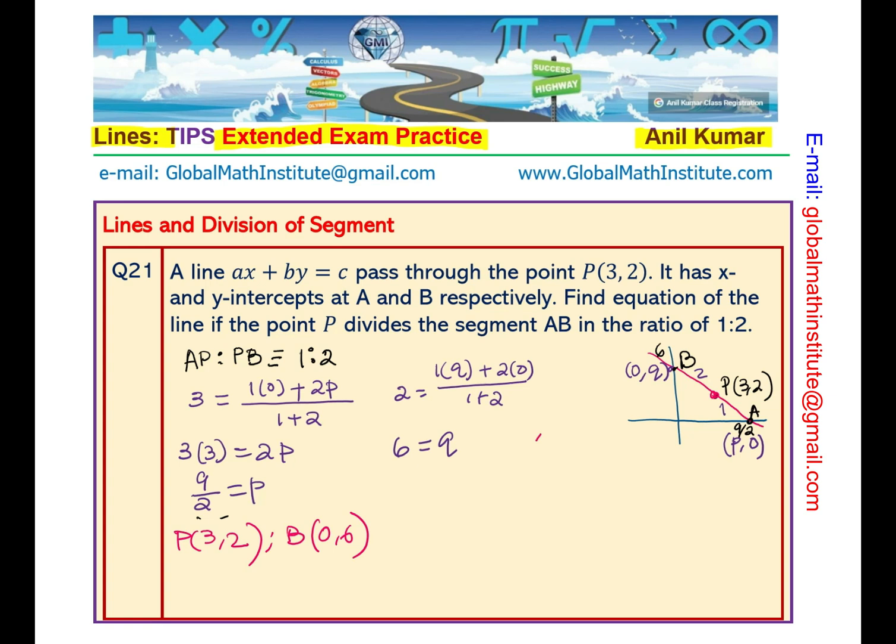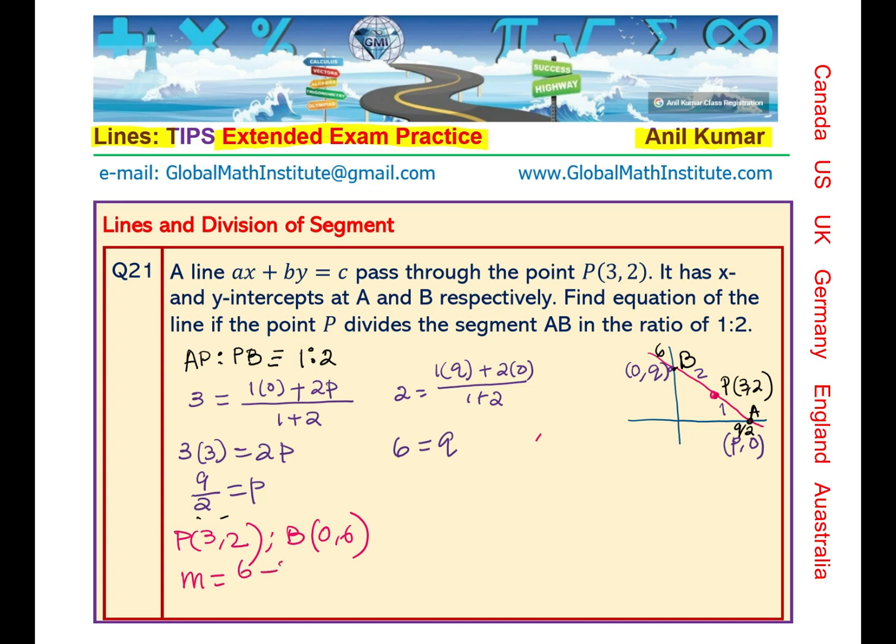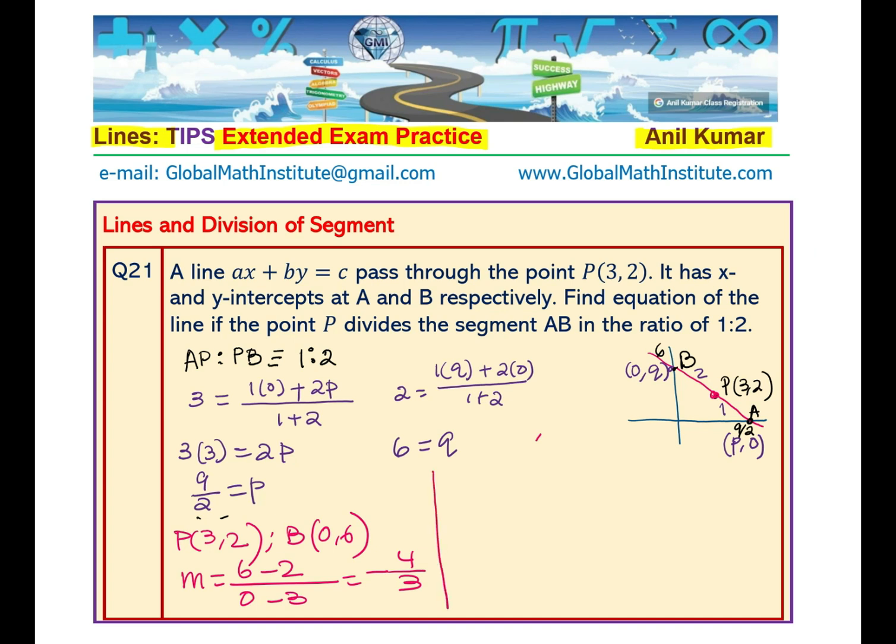If we're working with these points, the slope m will be y2 minus y1, which is 6 minus 2, over x2 minus x1, 0 minus 3, which gives us 4 over negative 3, which is minus 4 over 3. Now, since the y-intercept is 6, the equation of the line will be y equals minus 4 over 3 x plus 6, correct?